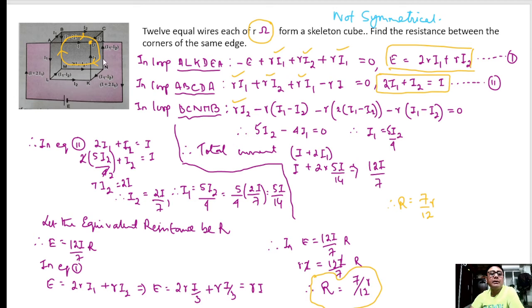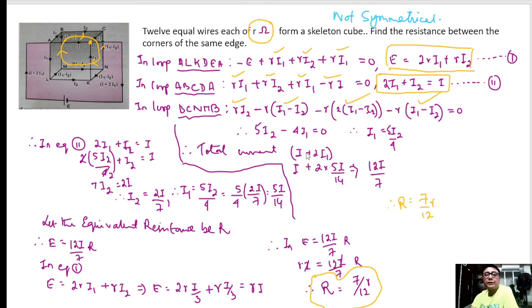Then C to N is opposite direction, current is going like this, we are going like this, so minus. N to M is also opposite direction, so it is minus. And M to B is also opposite direction, so it is minus. So from here we are getting the relation. That is, we have done equation 2.